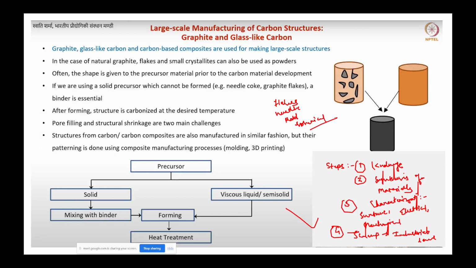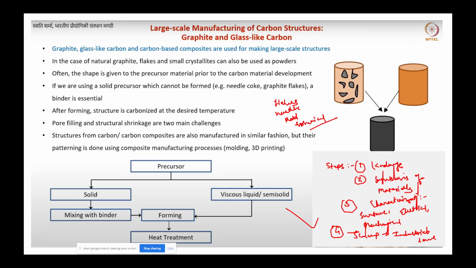It can also help to gain the size you want, and it will ease your manufacturing process. After forming, the structure is carbonized at the desired temperature. If you know forming, we have discussed it in two or three lectures before. If not, you can watch that lecture.